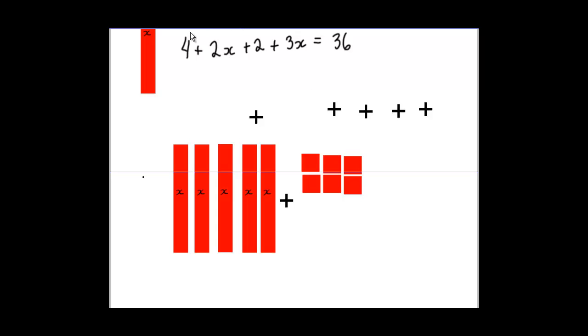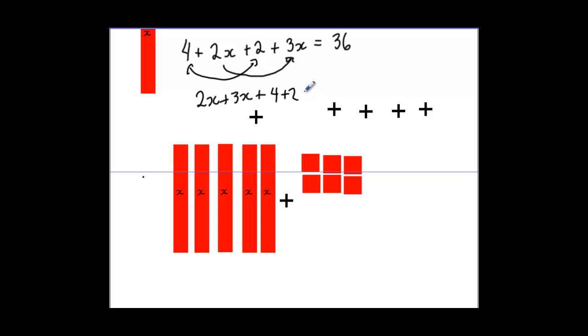So this whole equation, I can think about it as combining these two, putting them together, so 2x plus 3x, and then combining these two, plus 4 plus 2 is equal to 36.